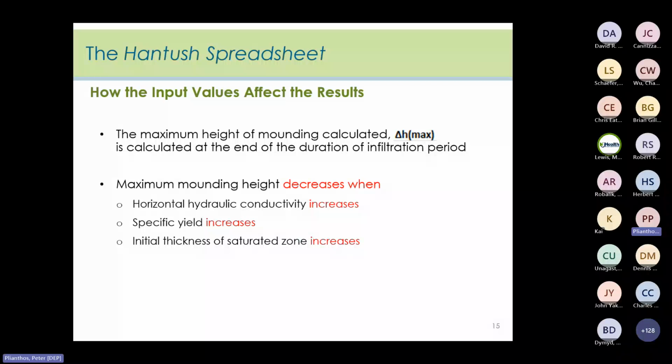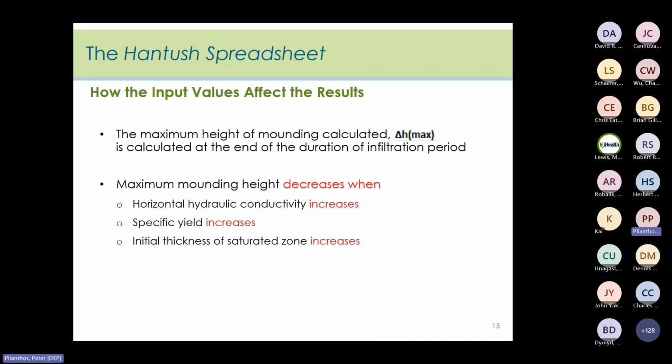Continuing on, there are some important relationships between maximum mounding height and the input parameters to note. Delta H max is the maximum height of the mounding, and the value calculated by the hand-touch spreadsheet is that which occurs at the end of the duration of infiltration period. This is explained on page 17 of Chapter 13.